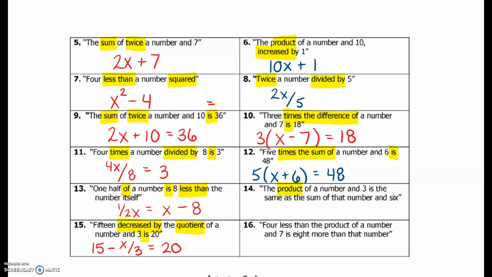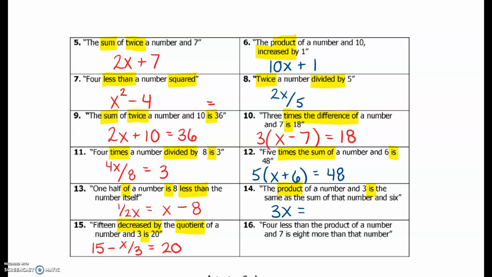So 3x is the first half. Then we see the word is. Is indicates to us at this point we need an equal sign. Is the same as even further indicates that we need an equal sign.